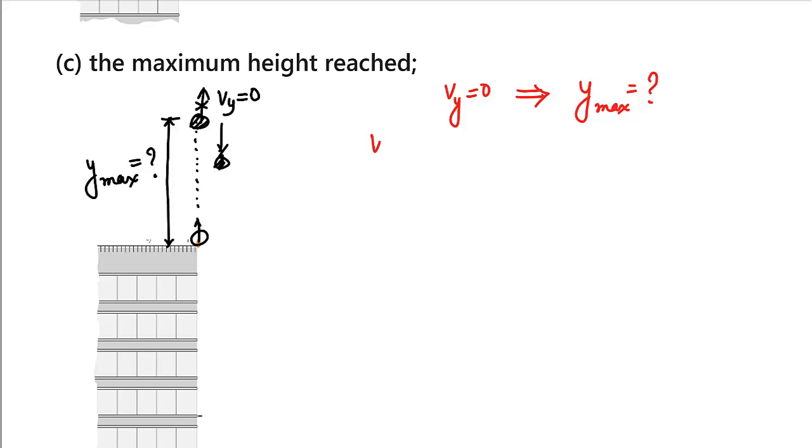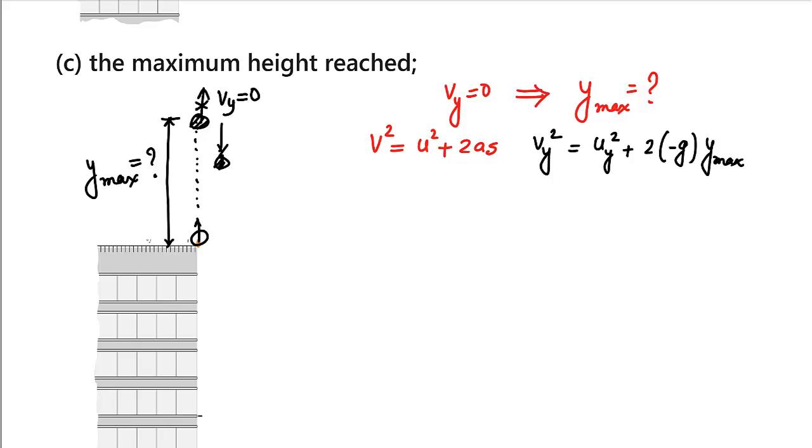formula, that is v squared is equal to u squared plus 2as. Now if I write for the y motion, I can write v_y squared is equal to u_y squared plus 2, and acceleration in this case is minus g, and s is nothing but y_max.